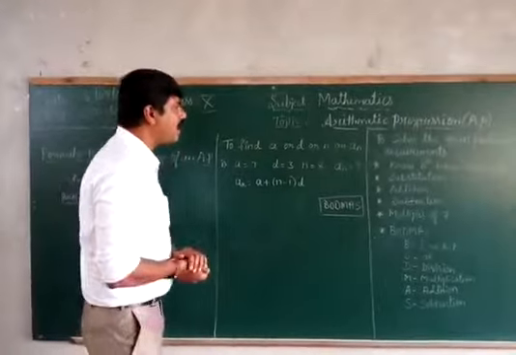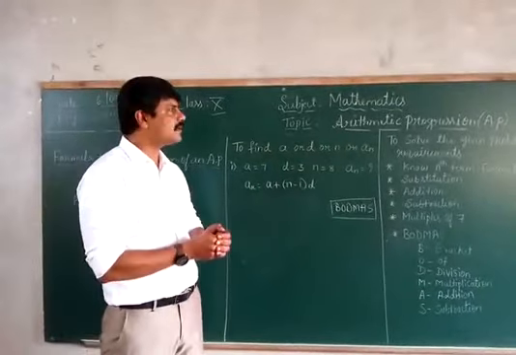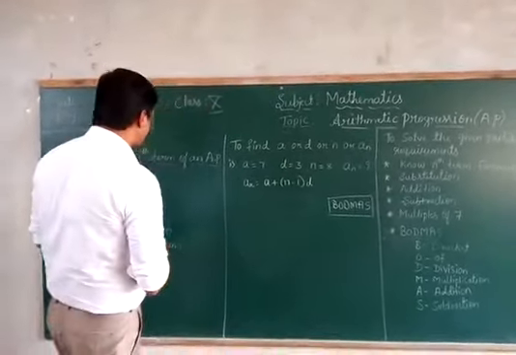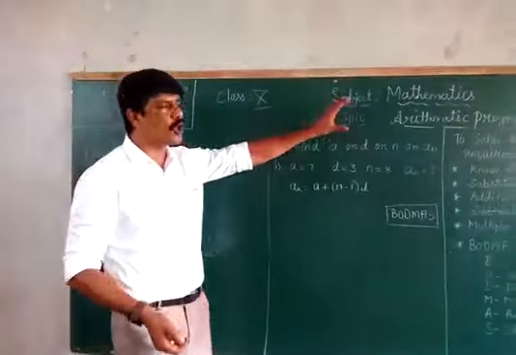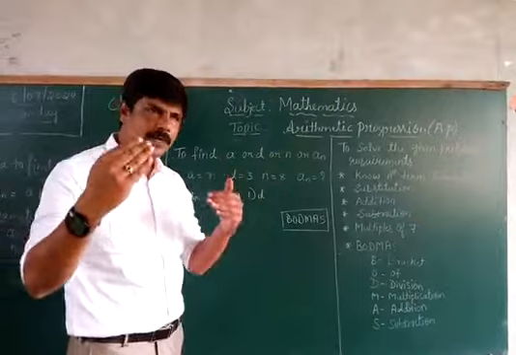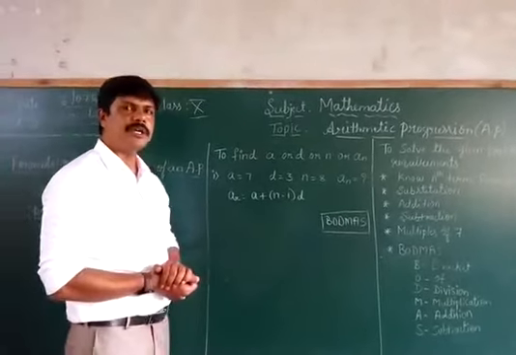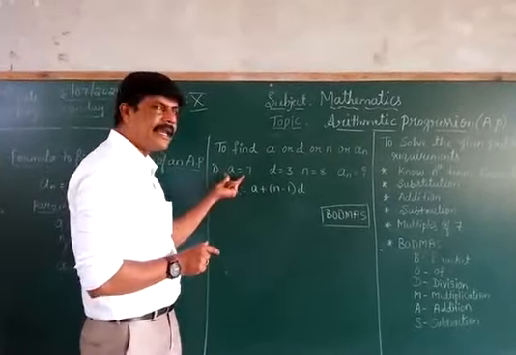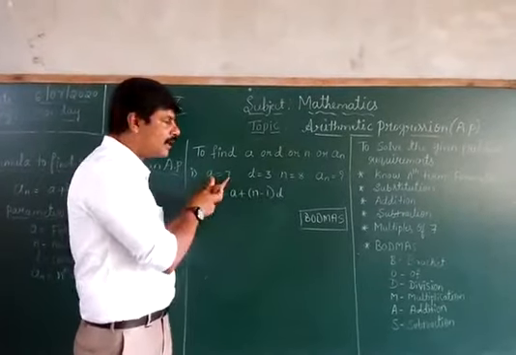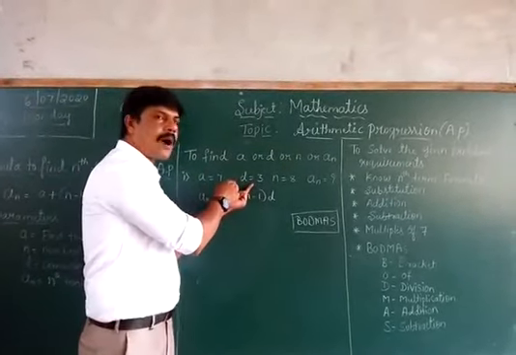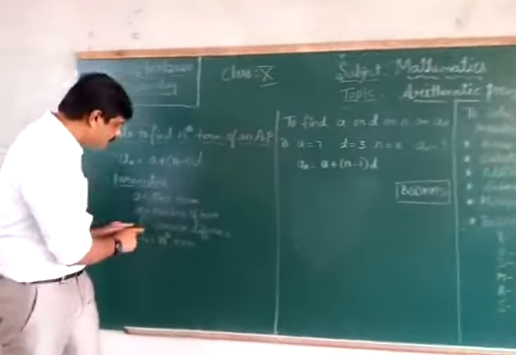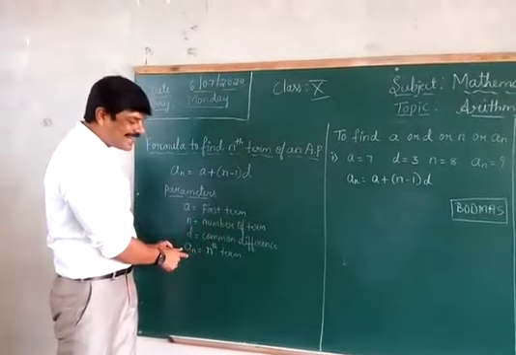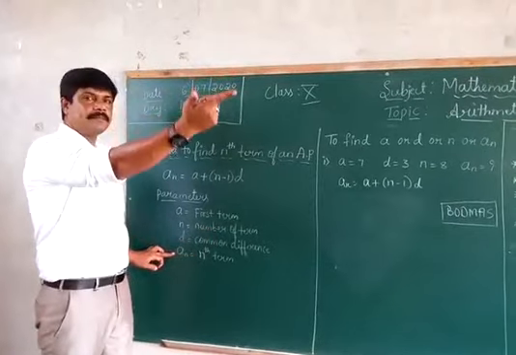Now, today we are entering into a new aspect of arithmetic progression: to find different parameters. Arithmetic progression has many parameters, of which the very basic ones are A, the first term; D, the very important common difference; N, the number of terms; then An, the nth term.